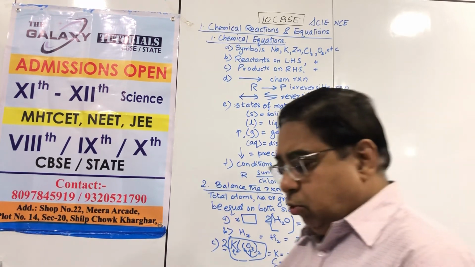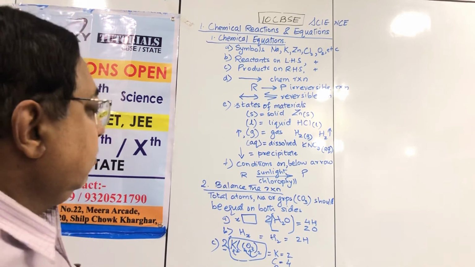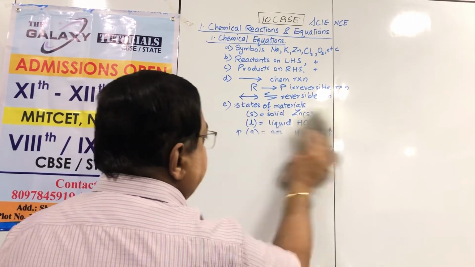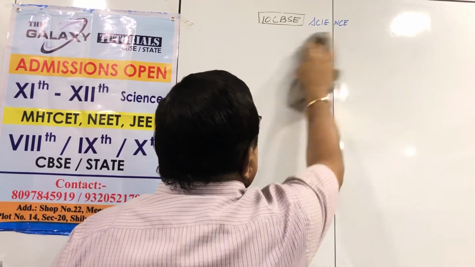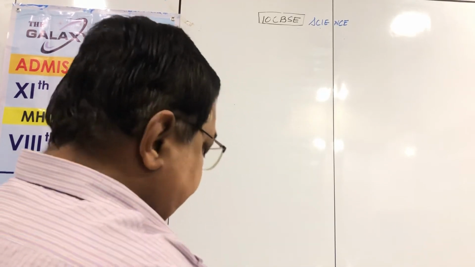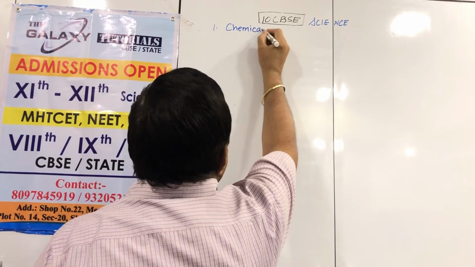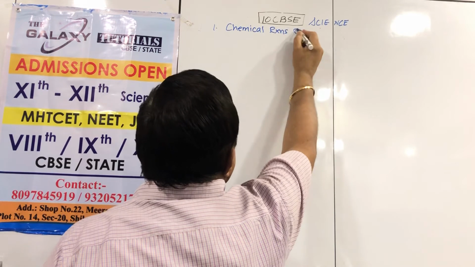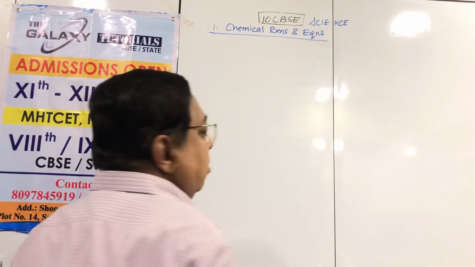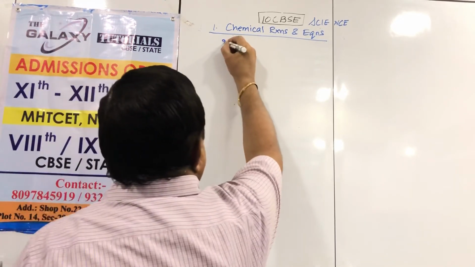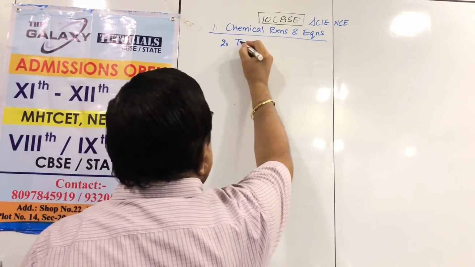Okay, so we will go to the second type, types of chemical reactions. We are on the second set of knowledge in our book, types of chemical reaction.